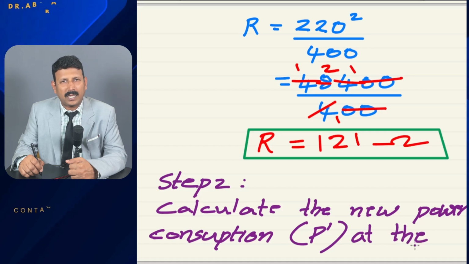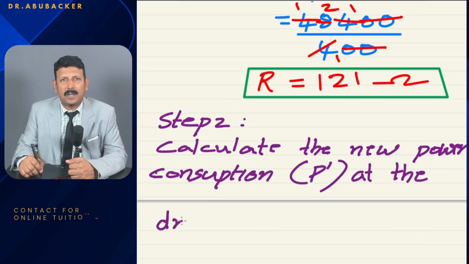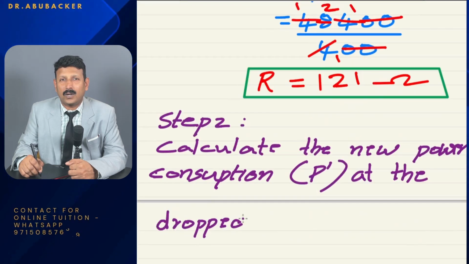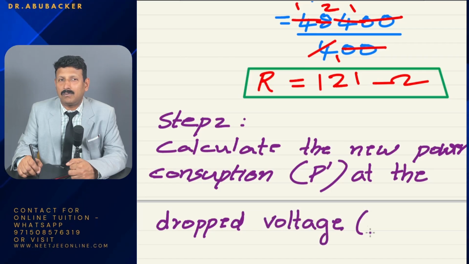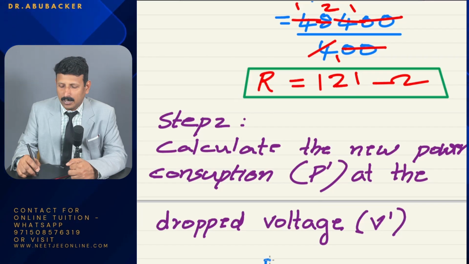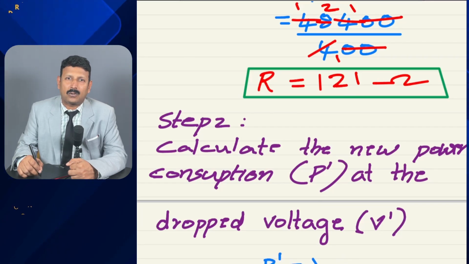We are going to do the same calculation once again. P is equal to, one option is IV, but we don't know the current. So the other option we will follow, given the values we have. V square by R we are going to apply.